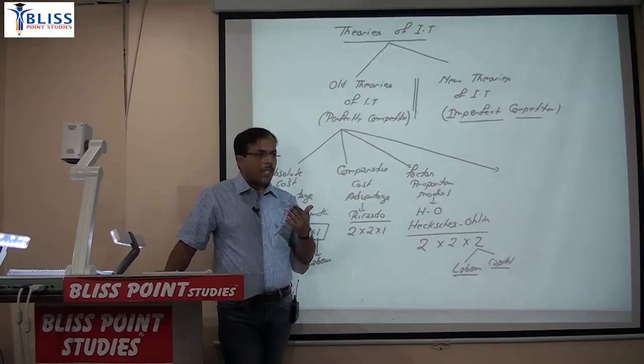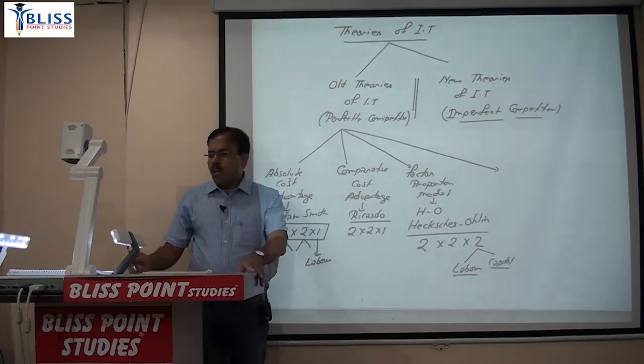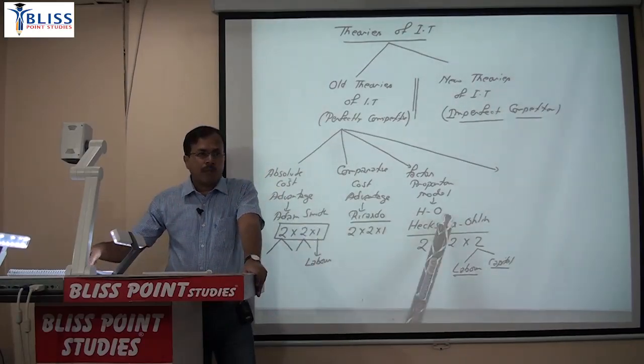So if one country is exporting one commodity, that country must be importing the other commodity. If you explain many goods, then the argument will be different.